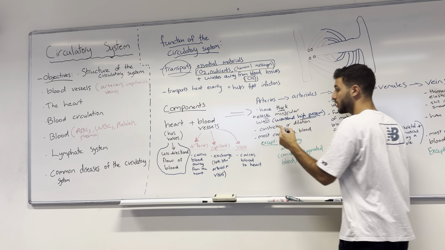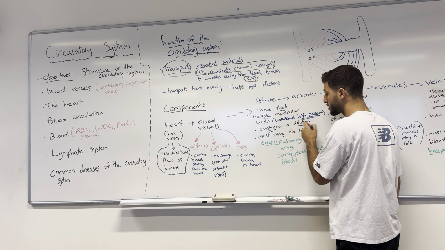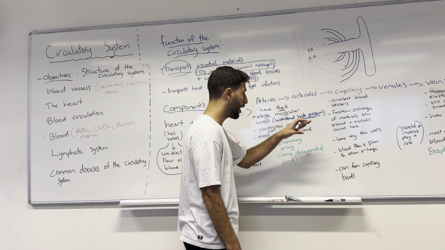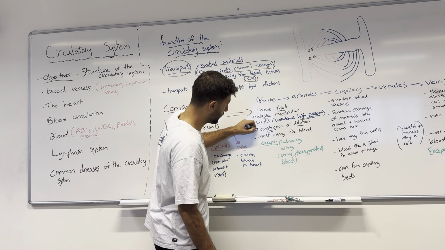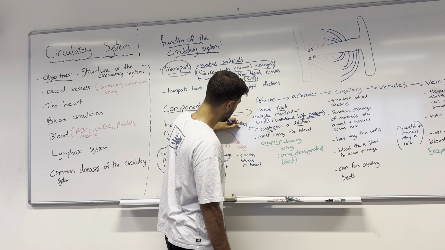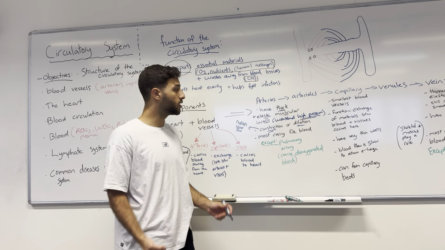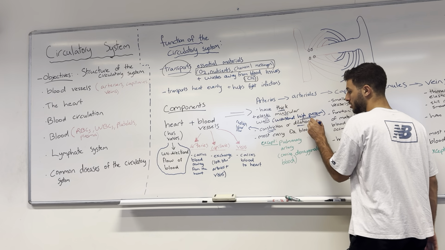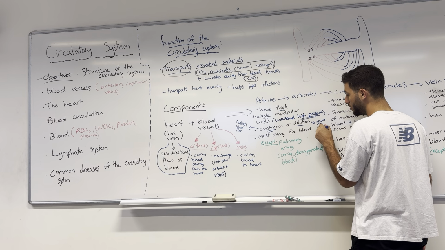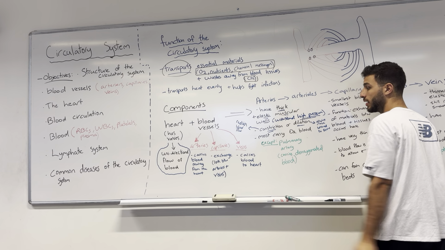What's their function? If they contract, they're going to constrict, and if they relax, they're going to dilate. So what's the difference between constriction and dilation? Constriction basically restricts blood flow, so we have less blood passing through the artery, while dilation is the opposite and allows more blood to flow, okay?